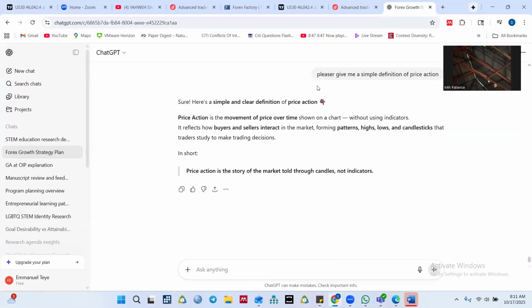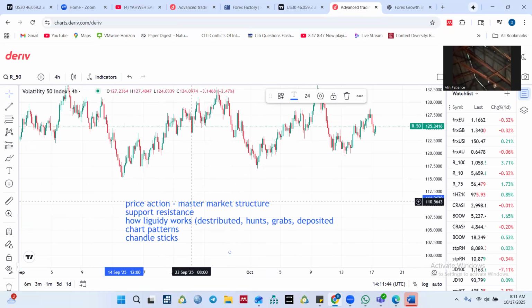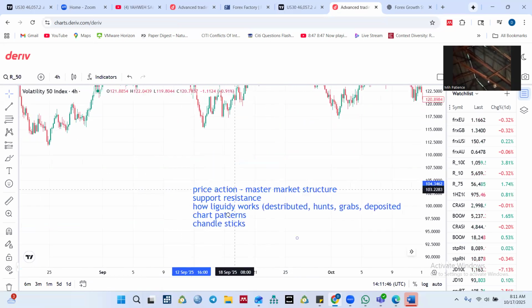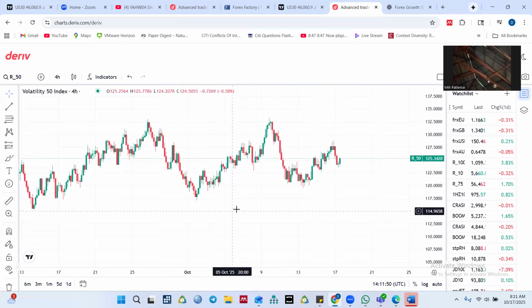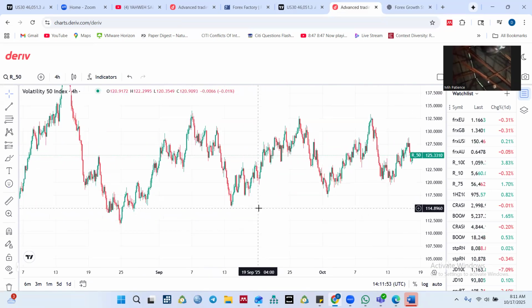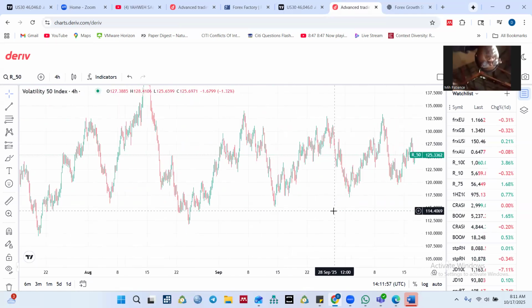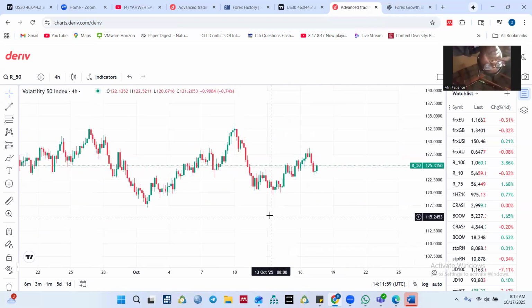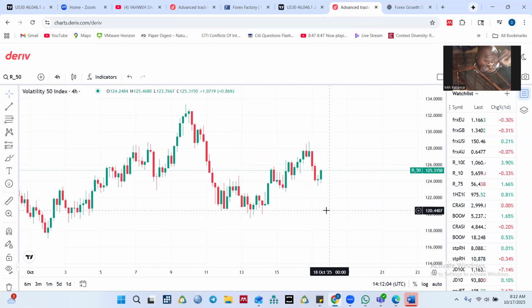That is what price action is. So you don't need any indicator, you just want to study the raw chart to look at how it is making highs and lows. Are you getting my point? Are you with me?